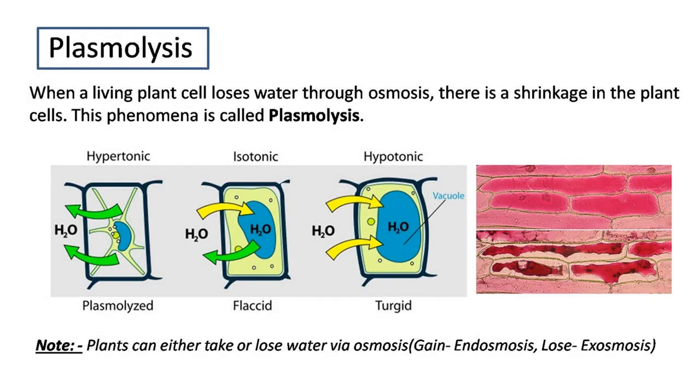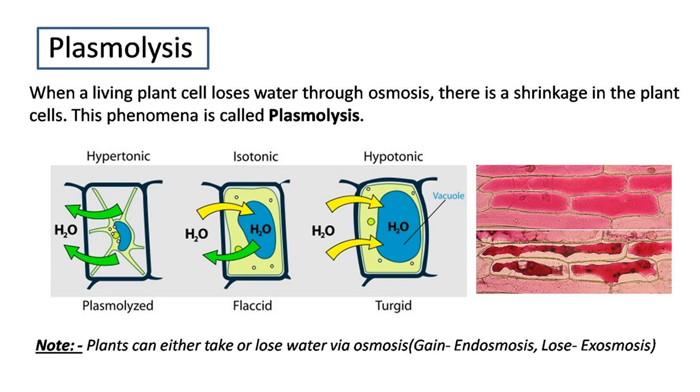There is a process called plasmolysis. When a living plant cell loses water through osmosis, there is a shrinkage in the plant cells, and this phenomenon is called plasmolysis. As you can see in the picture, when water moves out of the cell, it gets plasmolyzed.